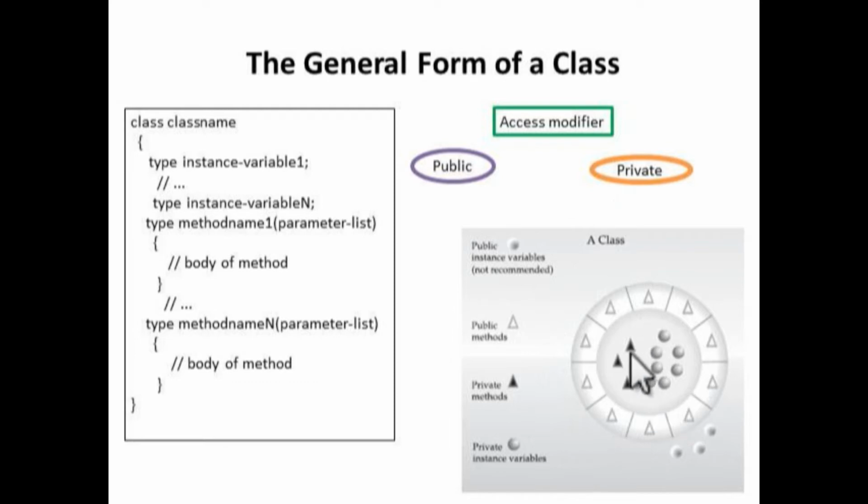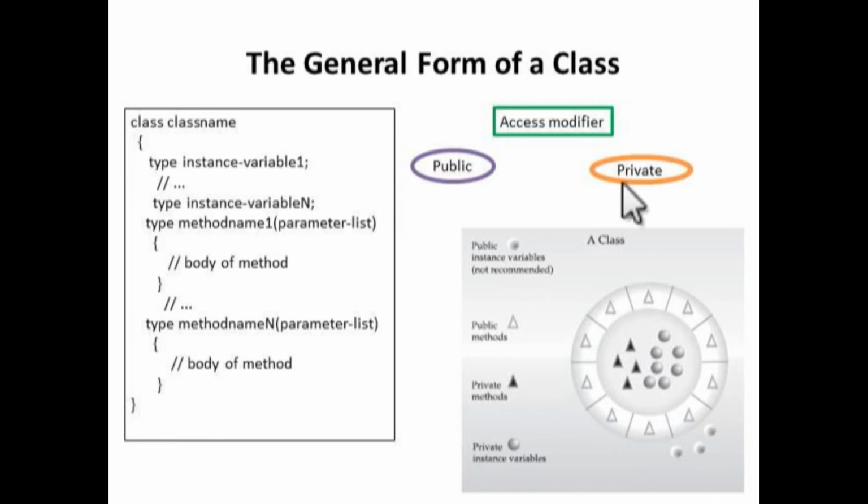Here this black triangle denotes the private methods, and these are the private variables. Once you create some variables inside the class, they are considered private members of the particular class. Other members, that is the functions present outside the class, cannot access these private members. Only the methods of this class can access these members.